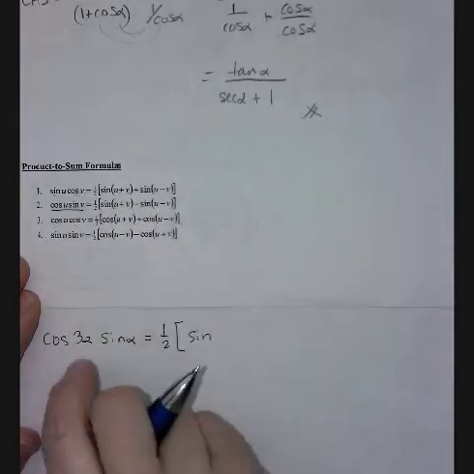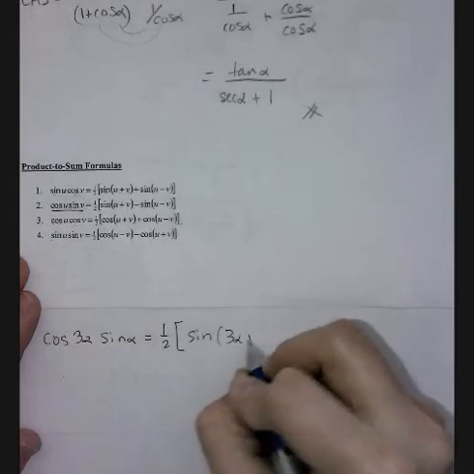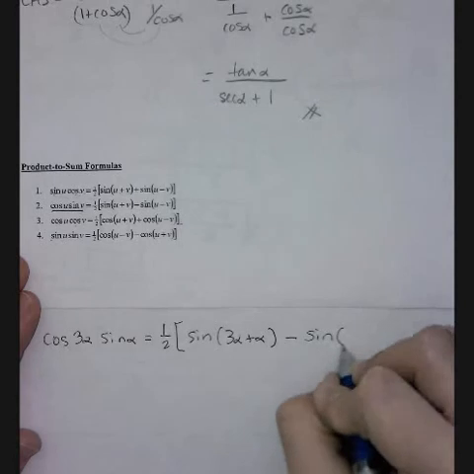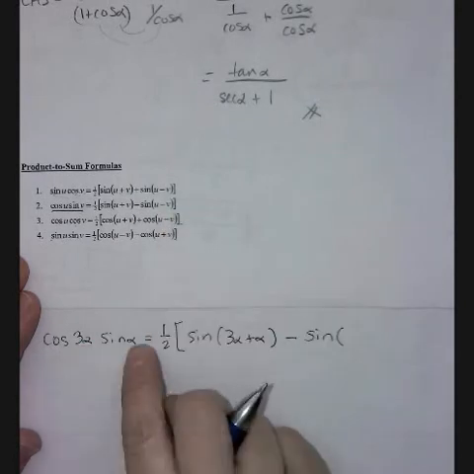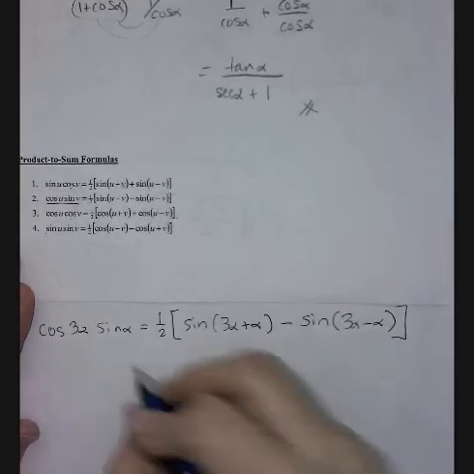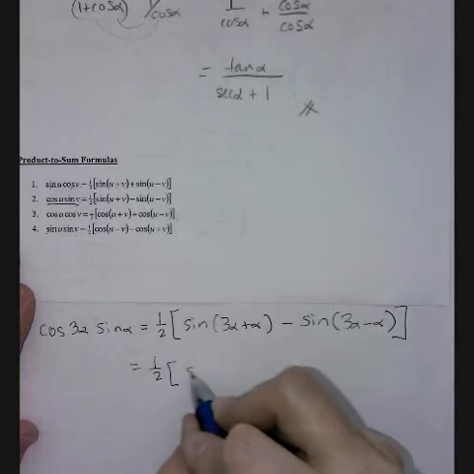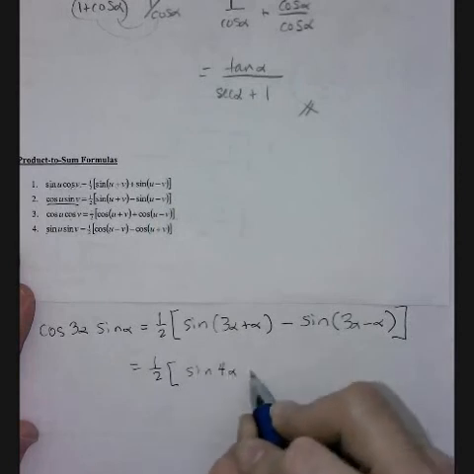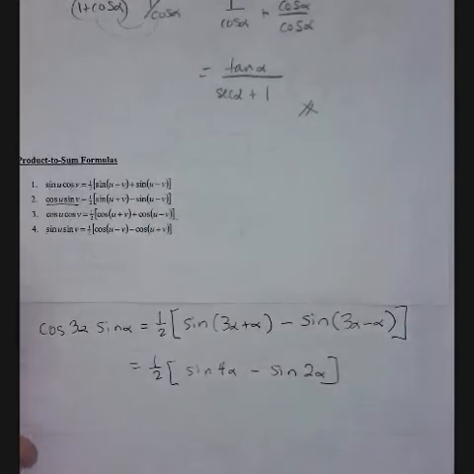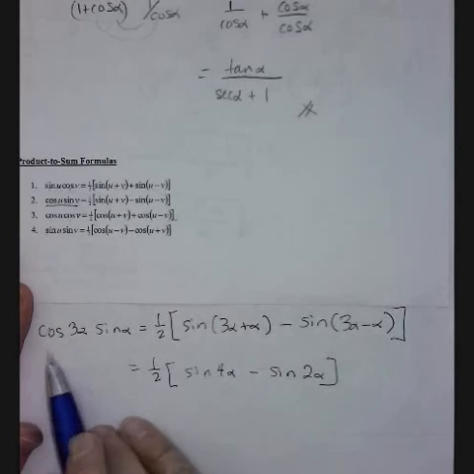So 3 alpha plus alpha, minus sine of u minus v, so first minus second, 3 alpha minus alpha. So we get 1/2 times sine of 4 alpha minus the sine of 2 alpha. And that's our answer. So we're taking the product and getting a sum.